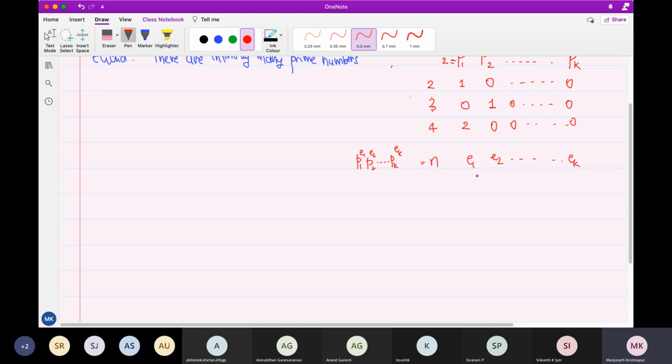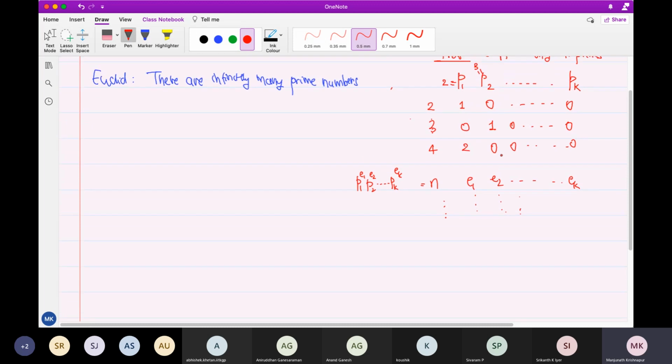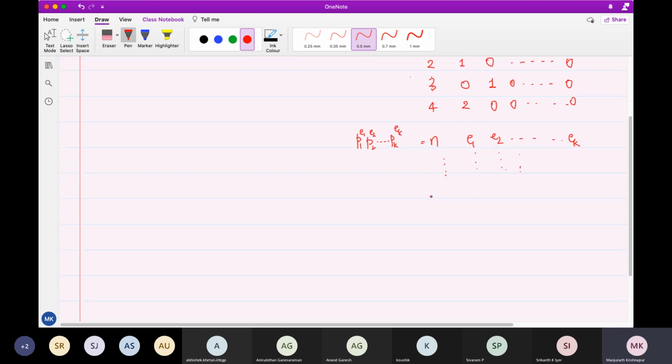For every number, we can just write the exponents, so every number is represented in this table. But now look at all numbers n less than or equal to some large number 2 to the m. So let's only look at this table up to 2 to the m.